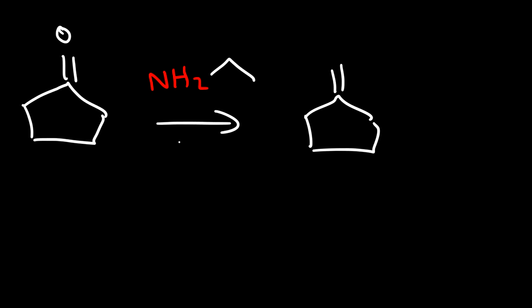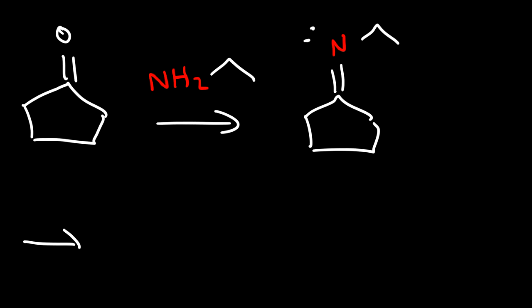Now we can also make secondary and tertiary amines. So let's start with a ketone, and we're going to react it with a primary amine. So we're going to lose water. If you take off the O and 2 hydrogen atoms, we'll get water as a side product. And so this imine has an R group attached to it, in this case an ethyl group.